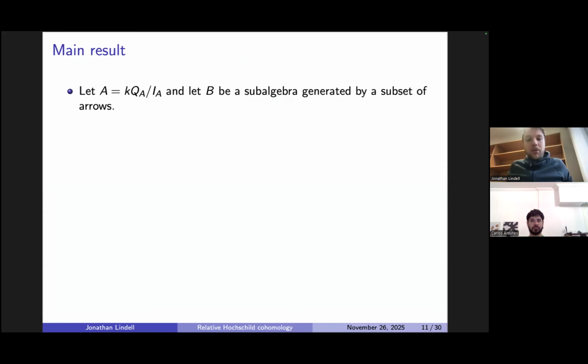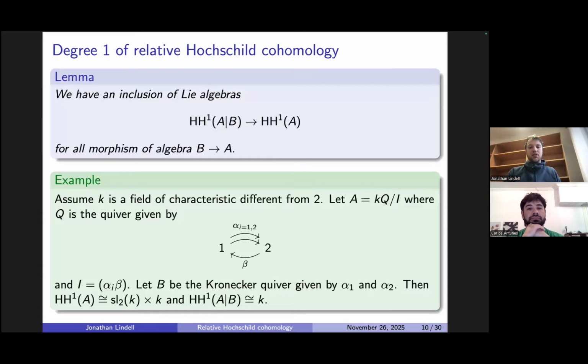So now we're in the following setup for this condition. We let A be some path algebra, a quiver quotient by some admissible ideal. Then we let B be a subalgebra generated by taking a subset of arrows. So for example, in this case, the subset of arrows to pick are alpha 1 and alpha 2.